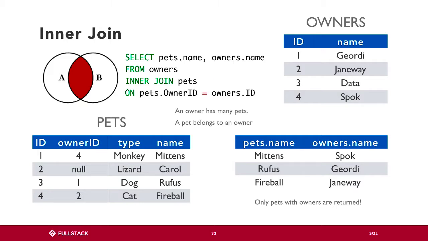If we wanted to have all of our owners as well, so we would see an owner without a pet, that's where you would do a left join.